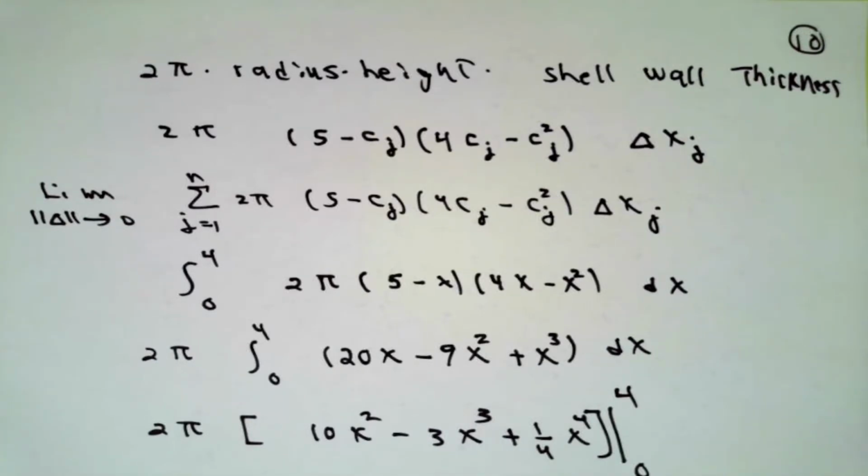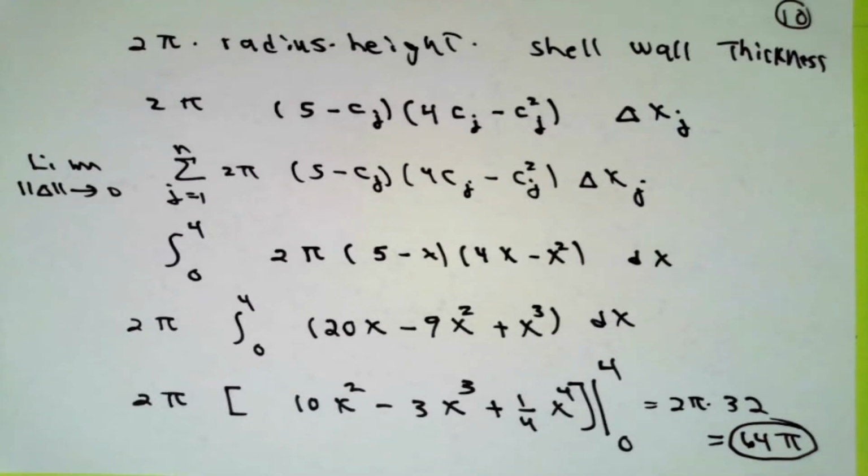Only the x equals 4 contributes anything. Doing the arithmetic, this turns out to be 2 times pi times 32, which is 64 pi, which is the same answer we got with the washer method, but this was a lot easier. Sometimes one of these two methods turns out to be much easier than the other.